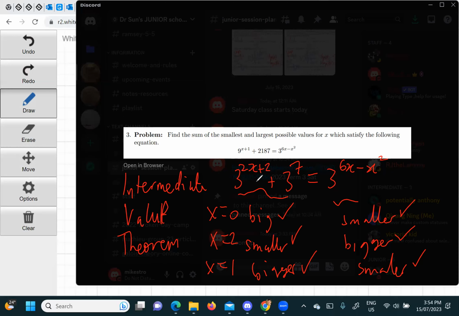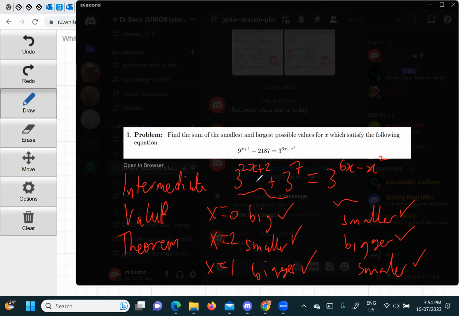So if you do this, you'll discover that if we use the value 3, 18 minus 9 is still 9, so it's still bigger.